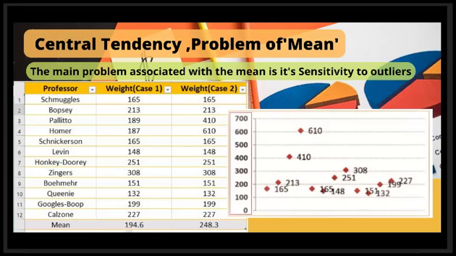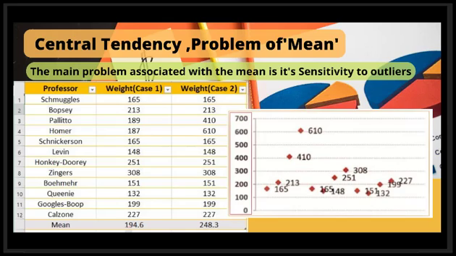So it's called an outlier. Whenever you have outliers, it distorts the mean. Therefore, in this case, the mean has increased from 194 to 248 just because of these two observations.